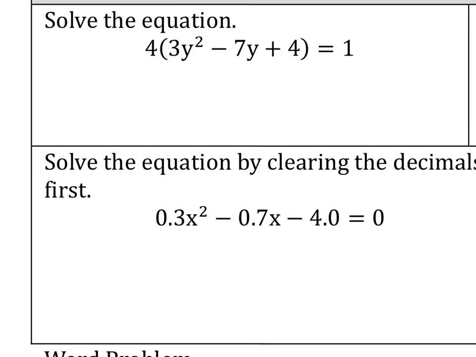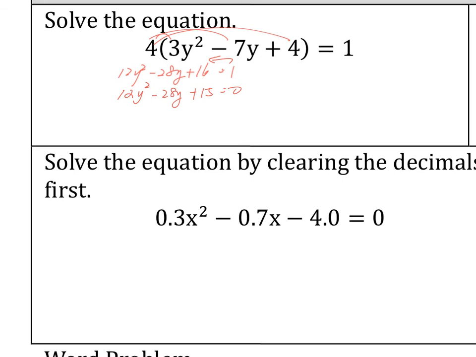Okay, now for this problem, you need to distribute the 4. So that's 12y squared minus 28y, and then plus 16 equal to 1. Now we need to set this entire equation so that it's equal to 0. Okay, so subtract 1. And then we can factor.